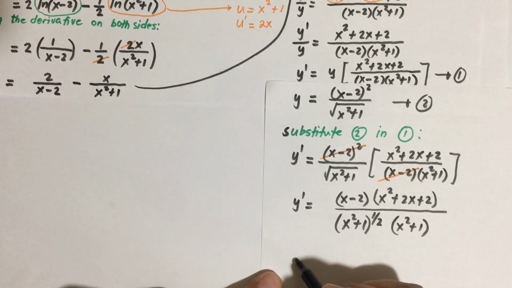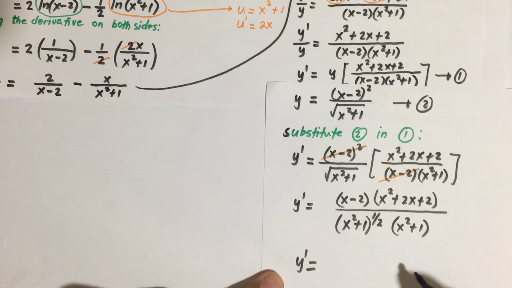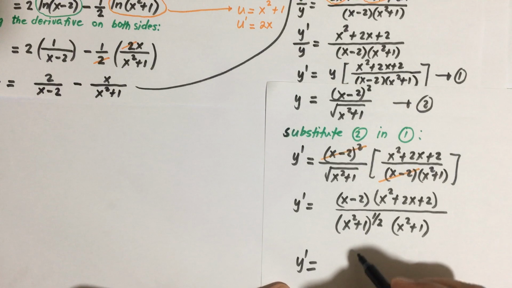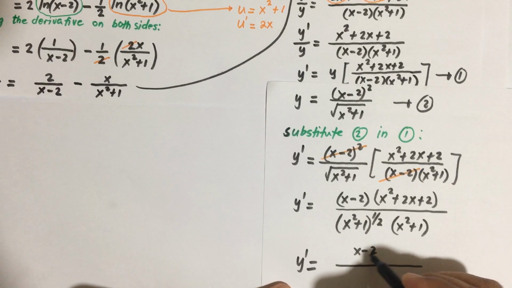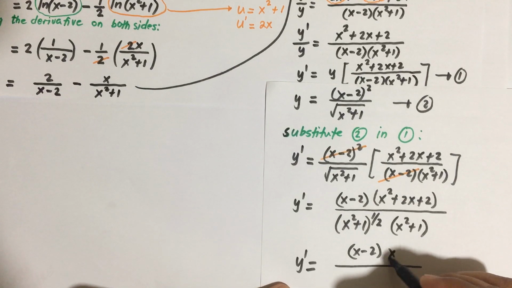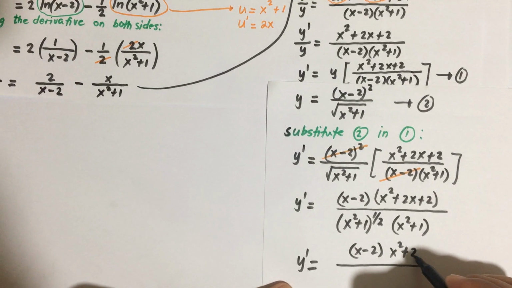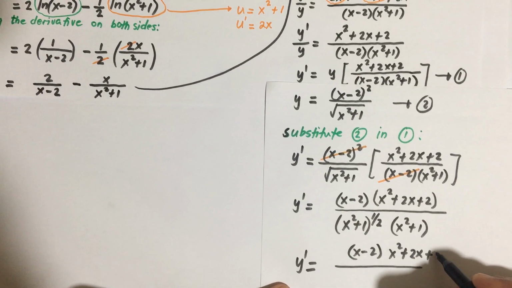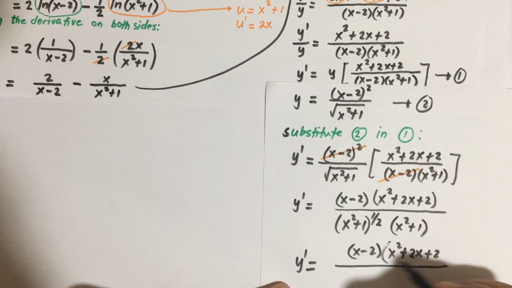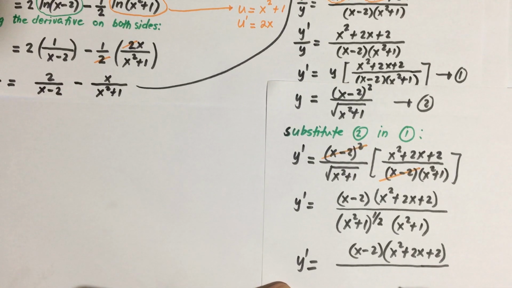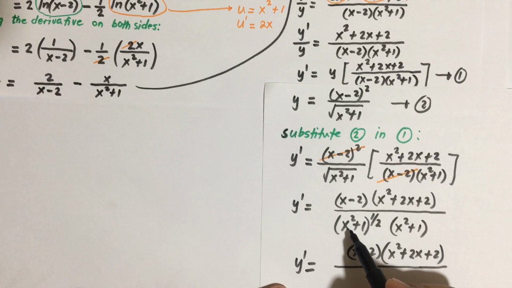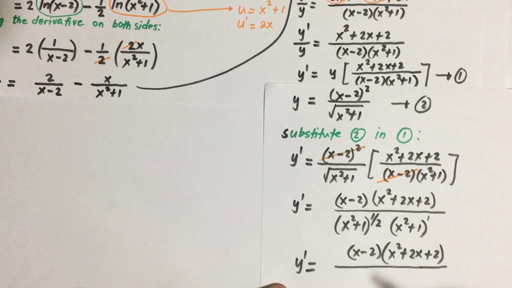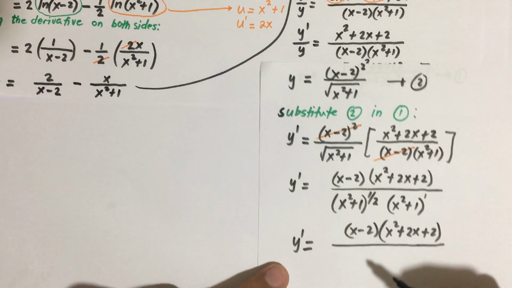So y prime is equal to x minus 2 times x squared plus 2x plus 2, and here we have the same base. This is understood to be power 1, right?